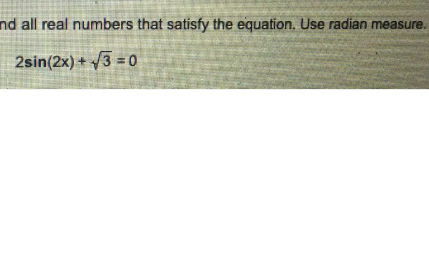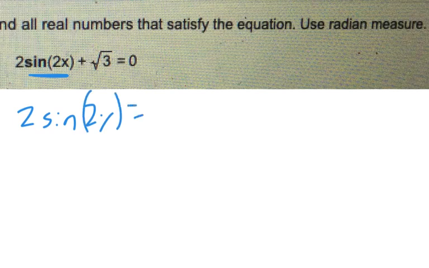Okay, and this one here is just like the one that I worked for you on Tuesday. I don't remember if it's exactly the same numbers, but it's the exact same process. I need to isolate my trig function, which is sine of 2x. So this would be 2 sine of 2x equals negative radical 3.